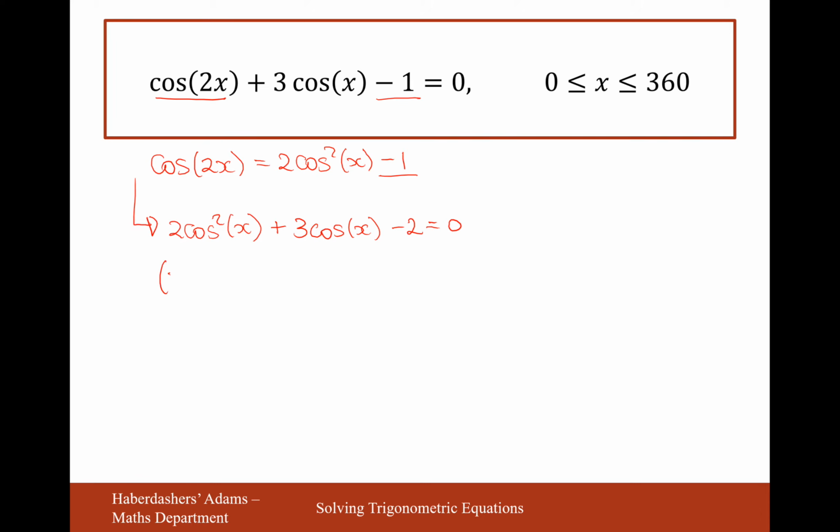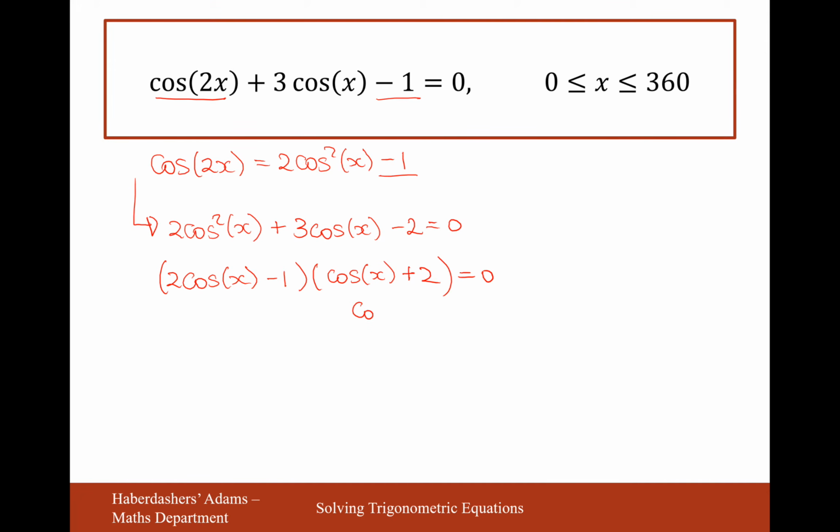The next thing I'll do is I'll do a bit of factorising. 2 cos x bracket cos x. And in this one I think I'll need a plus 2 on this side and a minus 1 on this side. That'll make 4 cos x minus cos x. That'll give me 3 cos x.